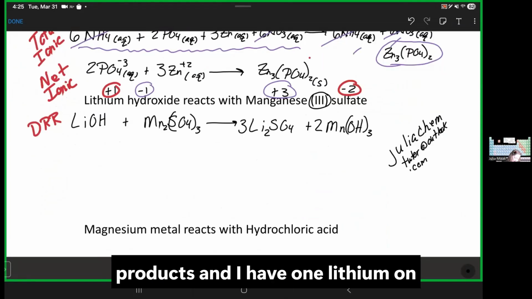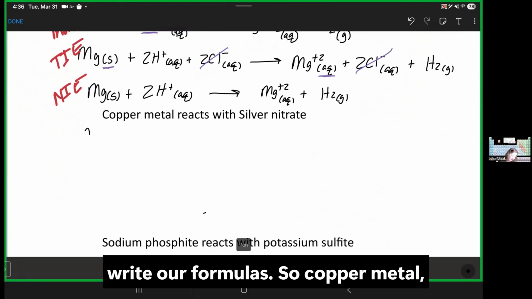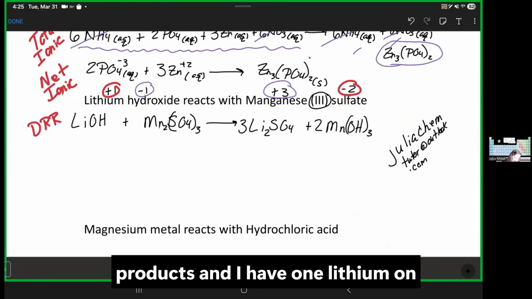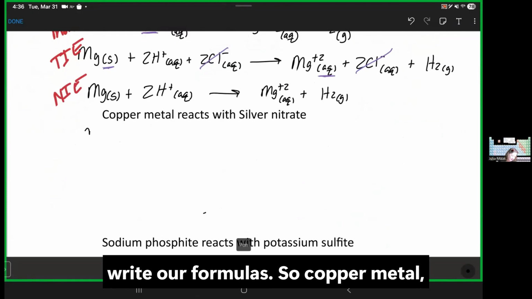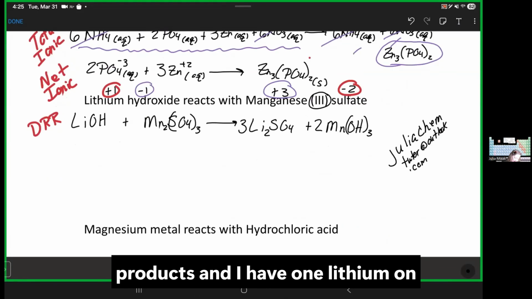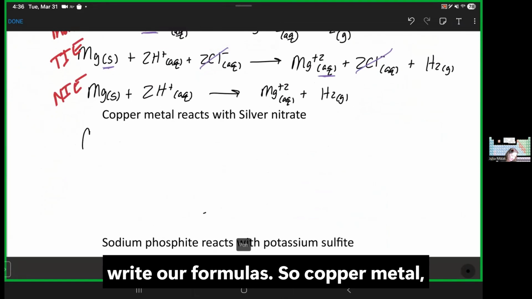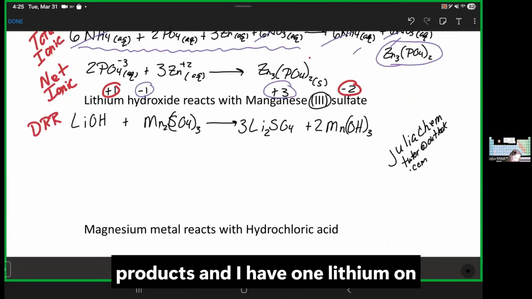Now I'm going to split all of my strong aqueous. Solids are solids, they're not going to split. Any aqueous salt is strong, so I get 2 silver ions, 2 nitrate ions. Over on the other side, copper nitrate is an aqueous salt, so it's strong.